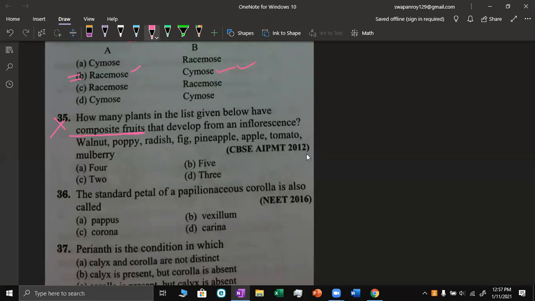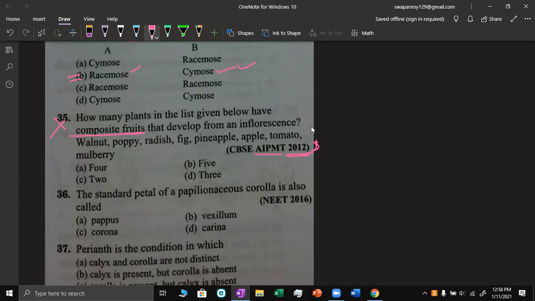This question is also from 2012 CBSE AIPMT. Of course, the AIPMT syllabus covered more than the NCERT syllabus.